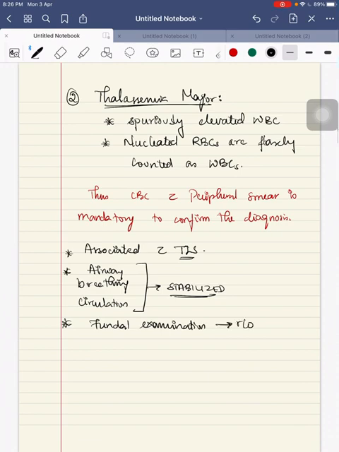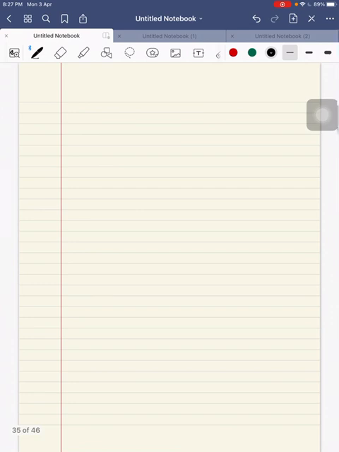You have to do a fundal examination to rule out papilledema and retinal hemorrhages. You should also take a chest x-ray to look for any infiltrations.